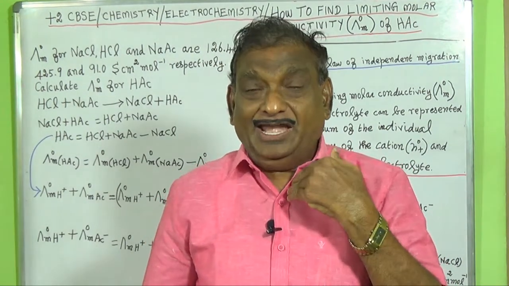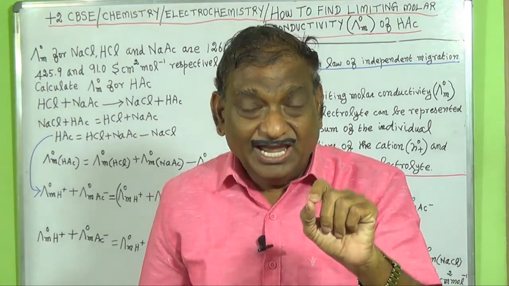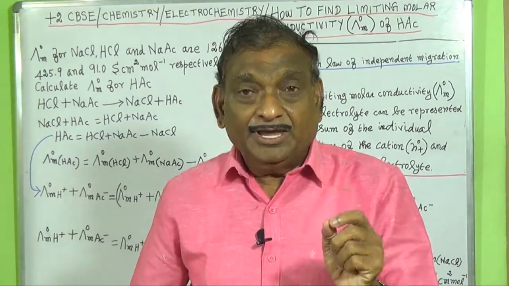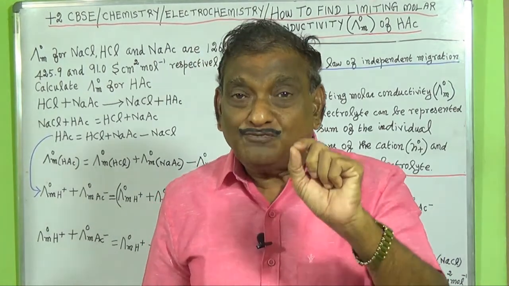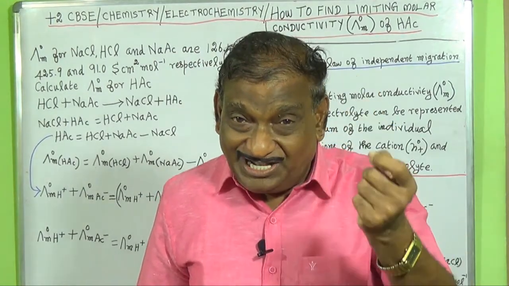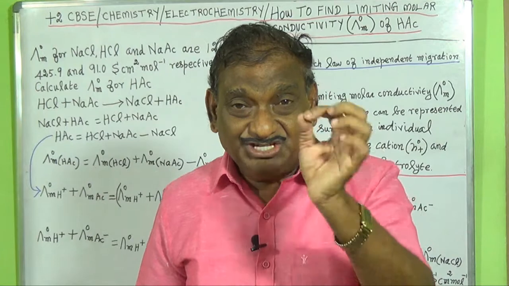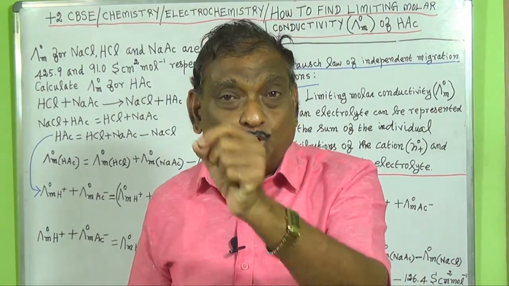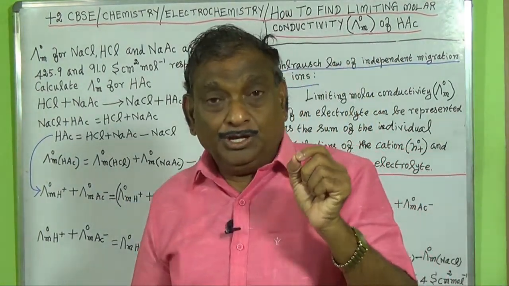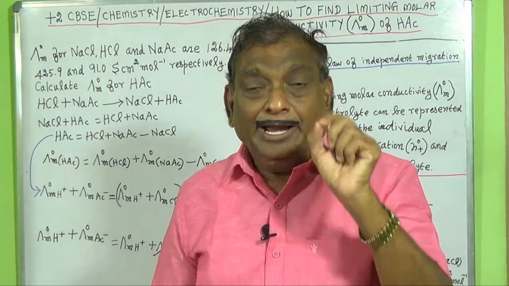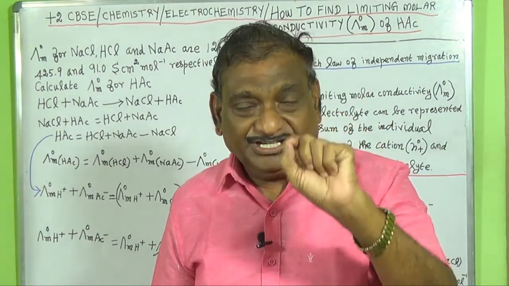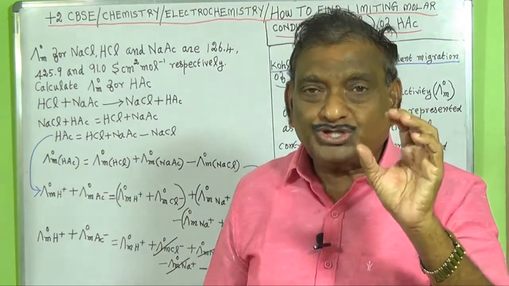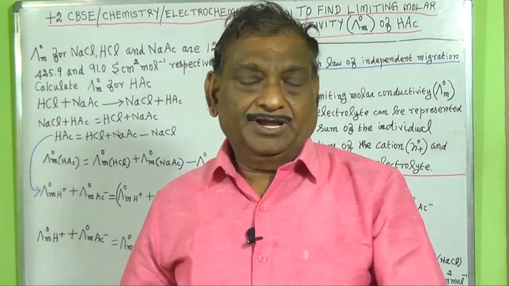We know that acetic acid is a weak acid. It is an organic compound. The formula for acetic acid is CH3COOH. Before going to find the limiting molar conductivity of hydrogen acetate, I want to say some information.